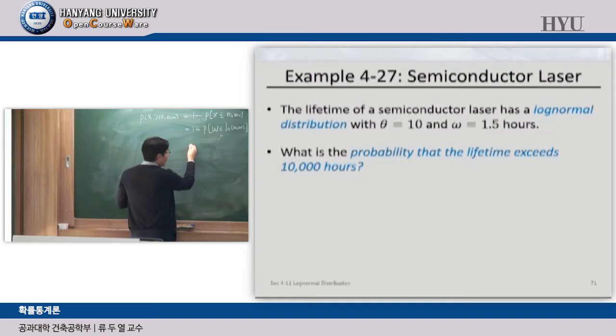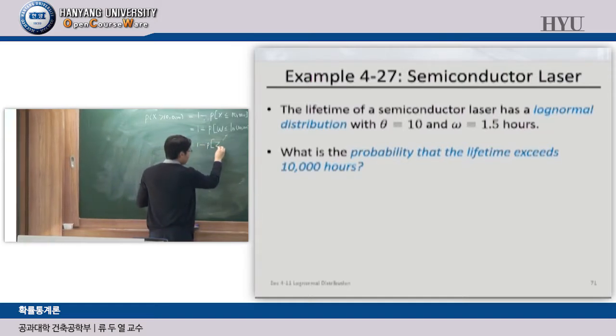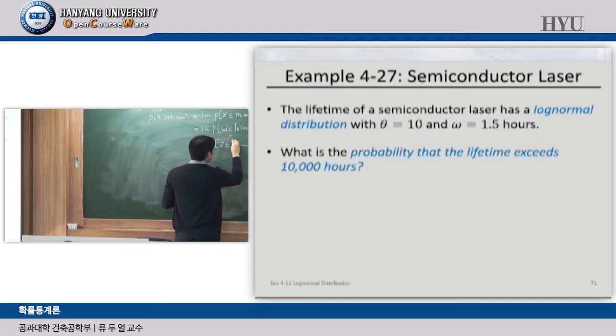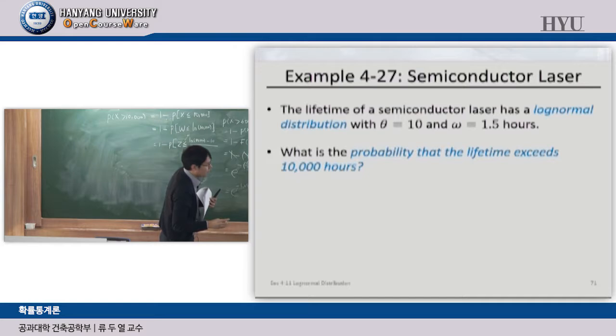And this can be written as 1 minus P of Z, okay, smaller than or equal to ln 10,000 minus the mean. What is the mean? That is 10. And what is the w? That is 1.5.